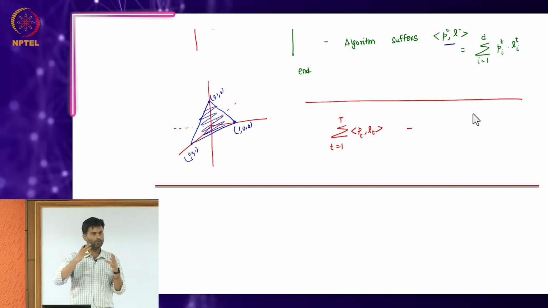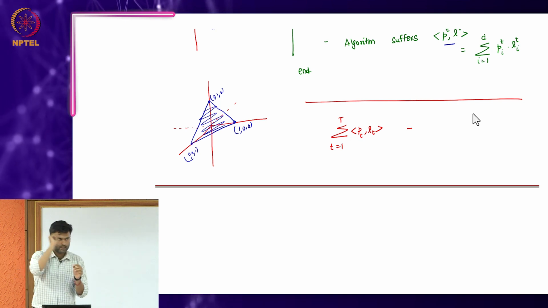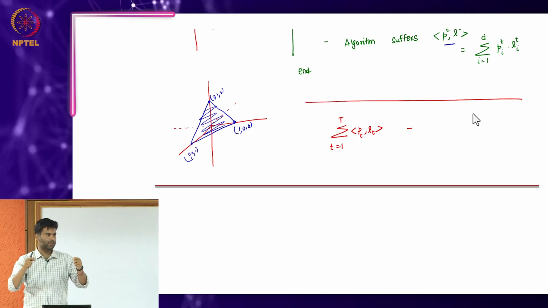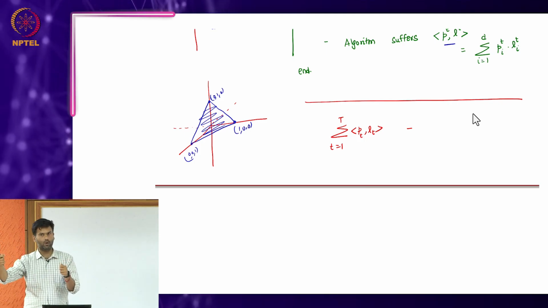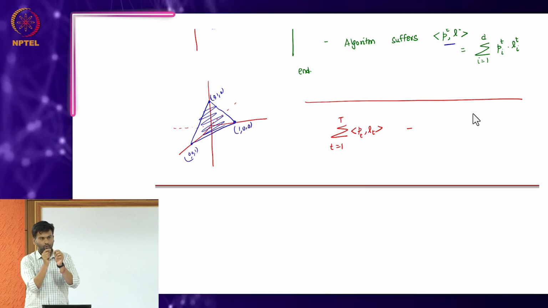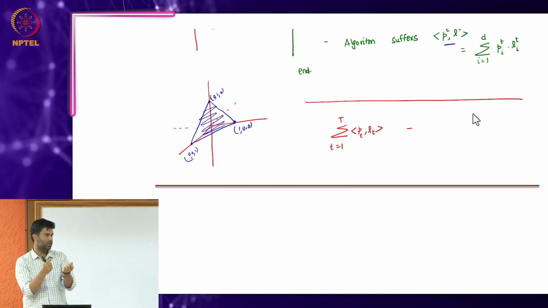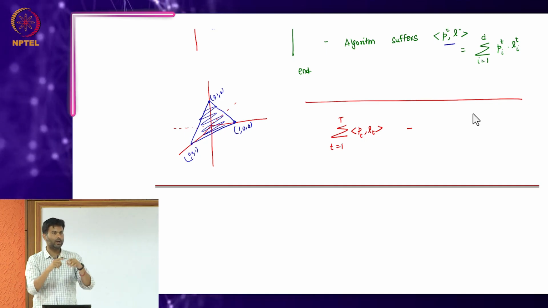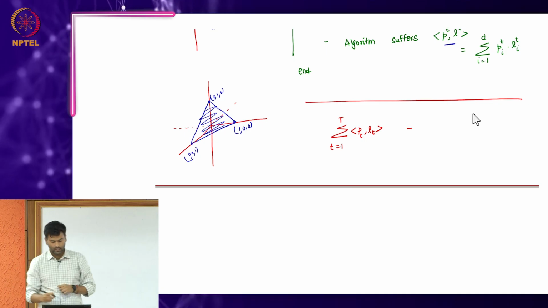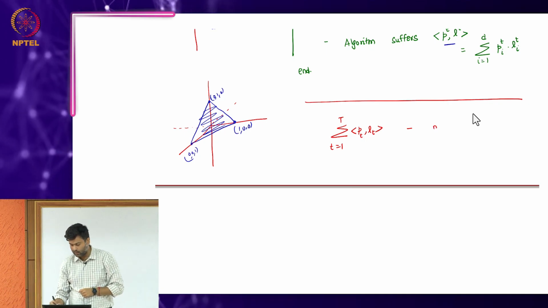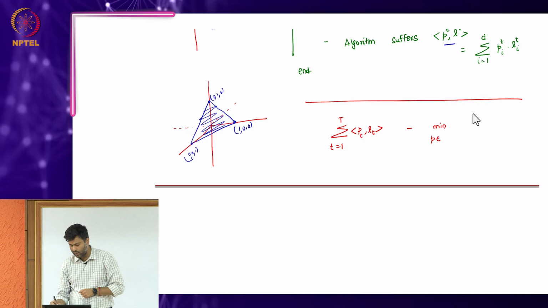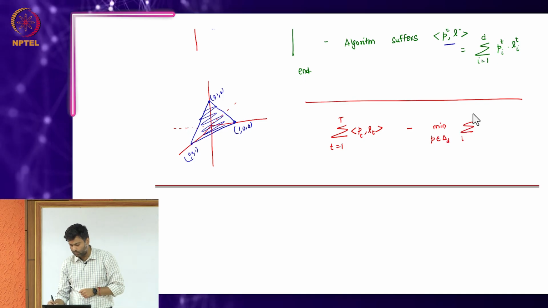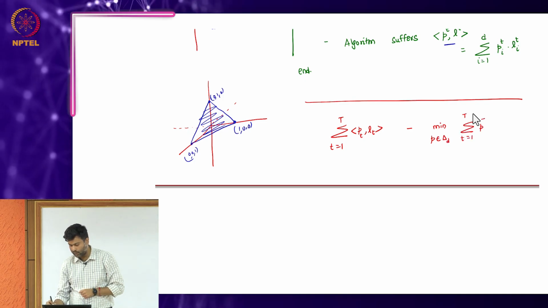I am regretting over the fact that if I had picked the same point for all T rounds in the simplex, I would have suffered a certain amount of loss, right. So every point gives me a certain amount of loss. I could have picked a single point, a specific P, and I want to minimize over all P in the simplex the sum over t equals 1 to T of P transpose Lt.